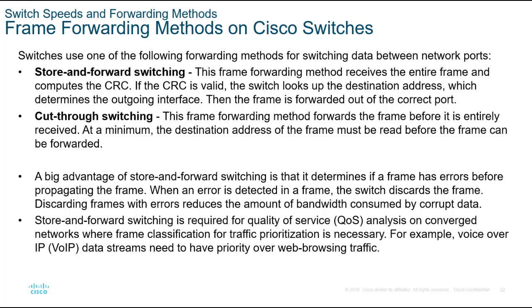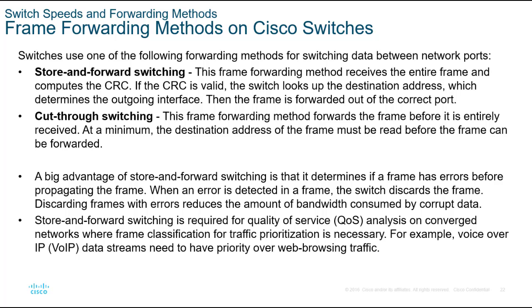The cut-through switching method, on the other hand, forwards the frame before the switch has finished receiving all of it. Of course, at a minimum, the switch has to at least read the destination of the frame before it can forward it. One strong advantage of store and forward switching is the CRC check the switch does to see if a frame has errors before forwarding it, and if it does detect an error in a frame, the switch discards it.